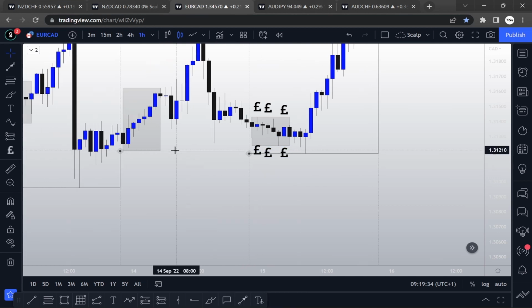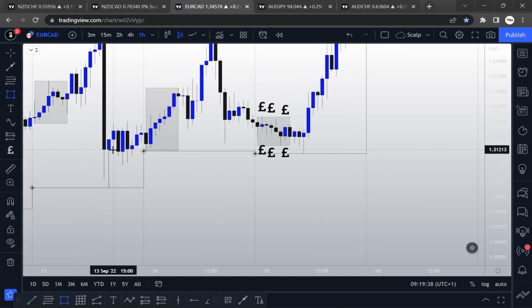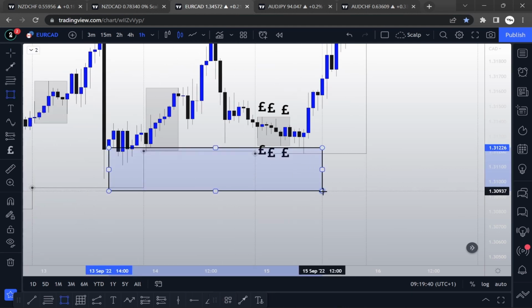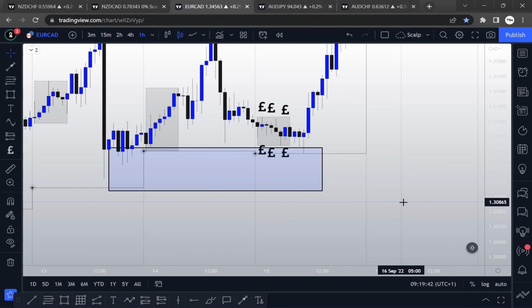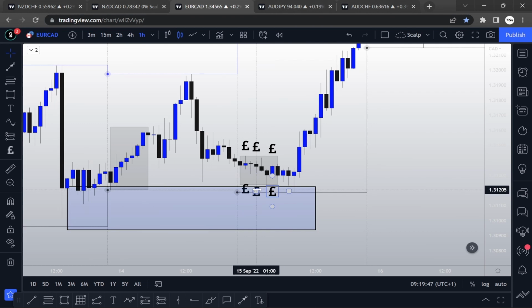Okay, we have our wick rejection demand zone area over here. I will teach you how to identify them as you progress through the course.